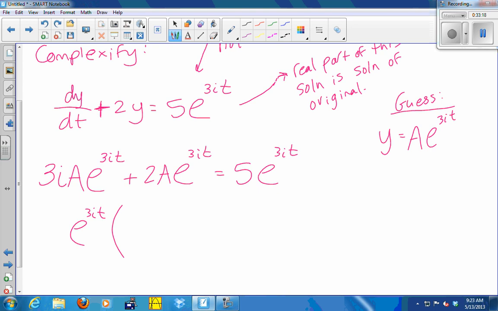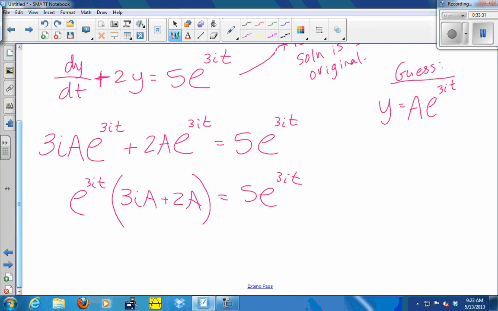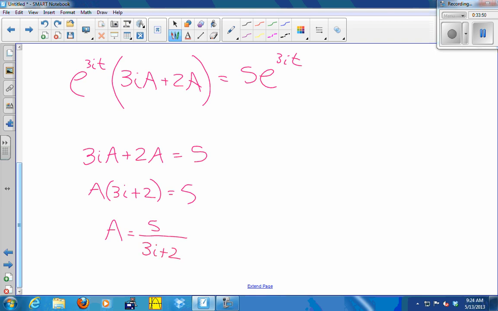So this is going to be 3ia plus 2a times e to the 3it equals 5e to the 3it. So then set the coefficients equal: 3ia plus 2a equals 5. So a equals 5 over 3i plus 2.